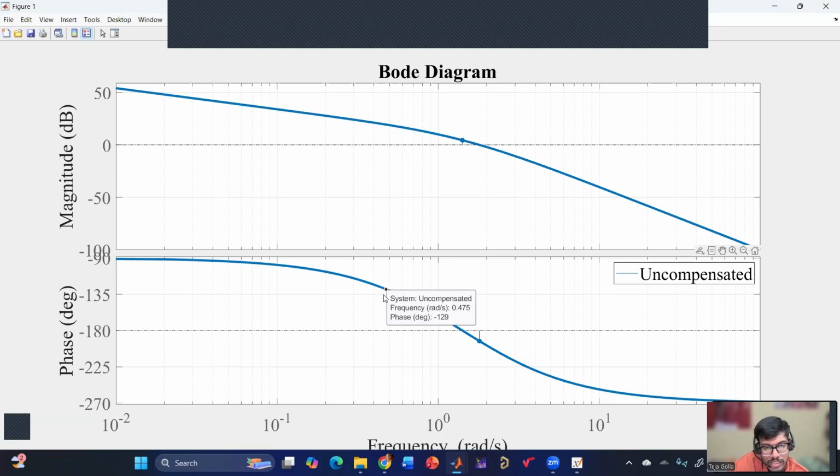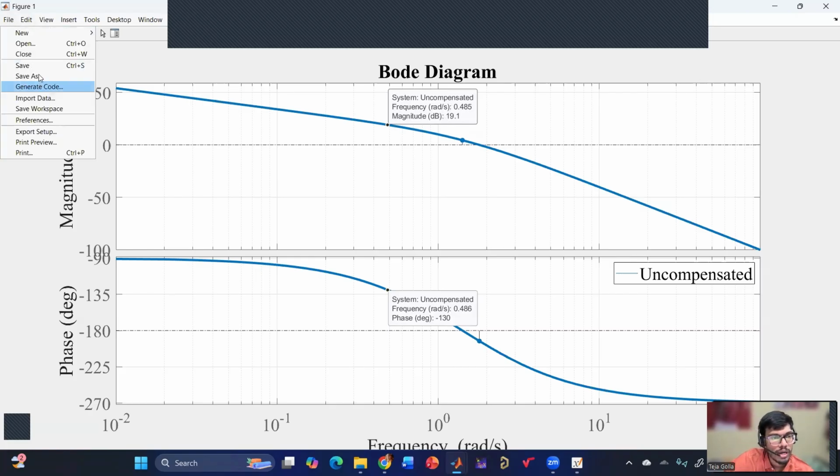So this is the phase at which I'll have a phase margin of 50 degrees with the correction term. My frequency is 0.486. So at 0.486, I need a magnitude of how much? At 0.486, 19.1. Say 19.1 magnitude has to be reduced. So I'll also save this.